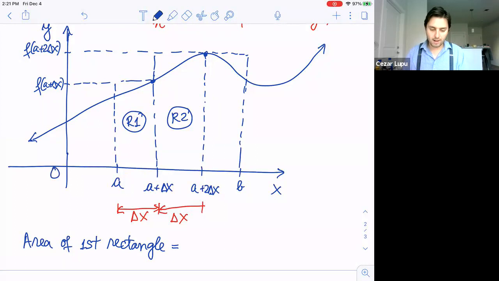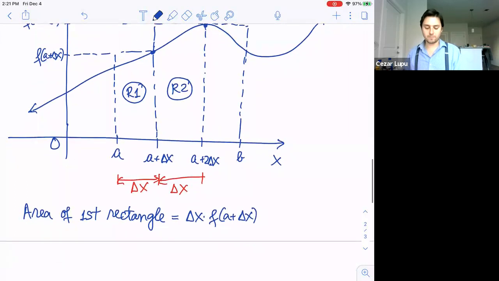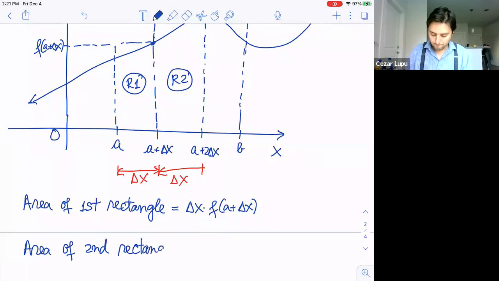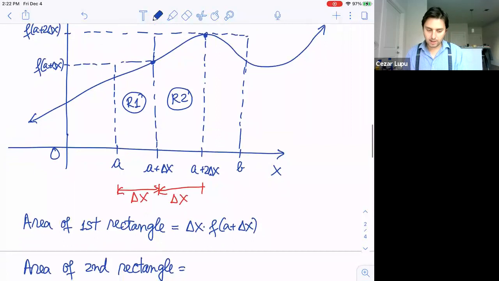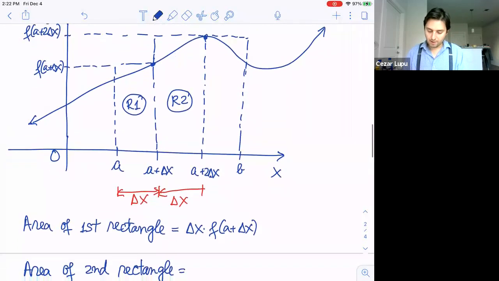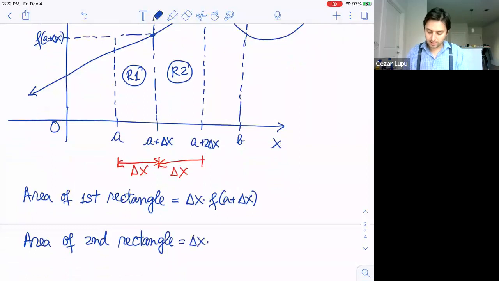So it will be delta x times f of a plus delta x. All right, great. Now let's see the area of the second rectangle. It's again delta x, so it will be delta x times f of a plus 2 times delta x.